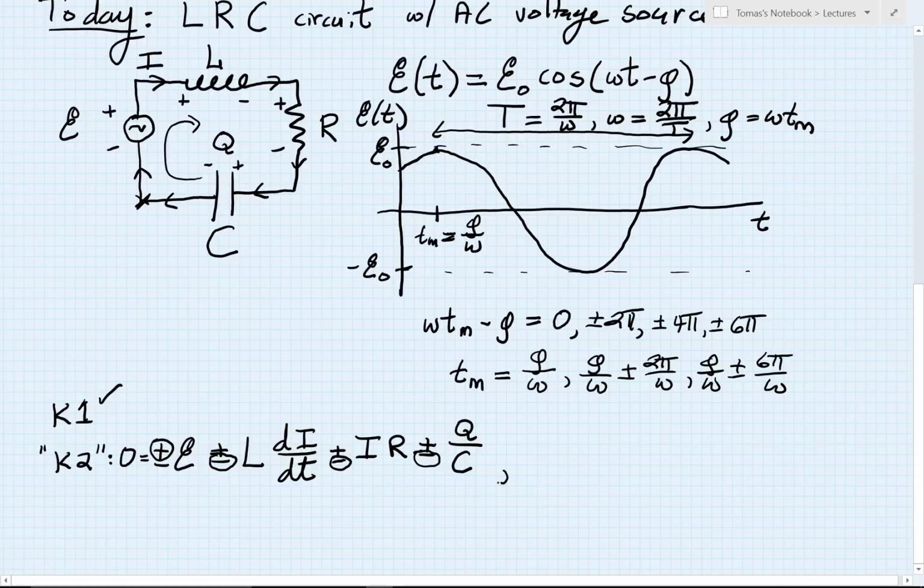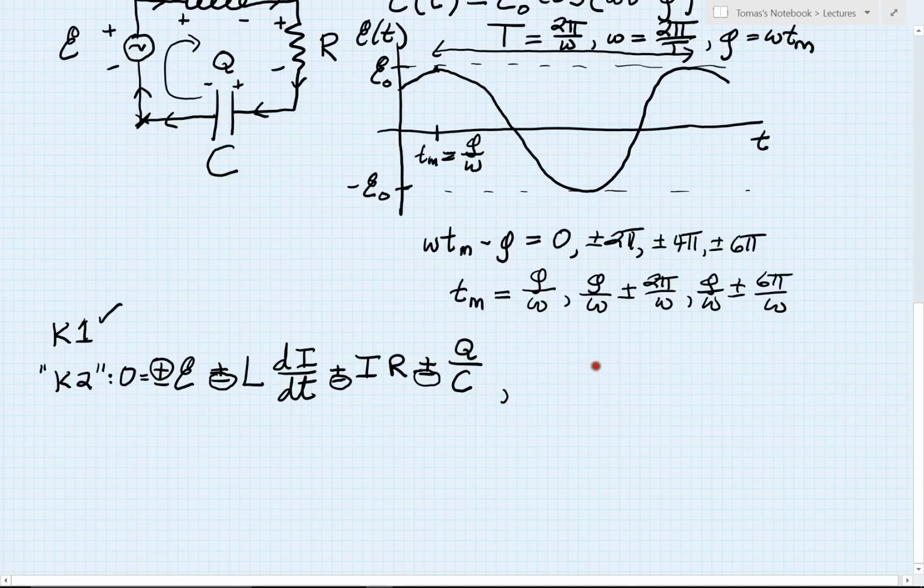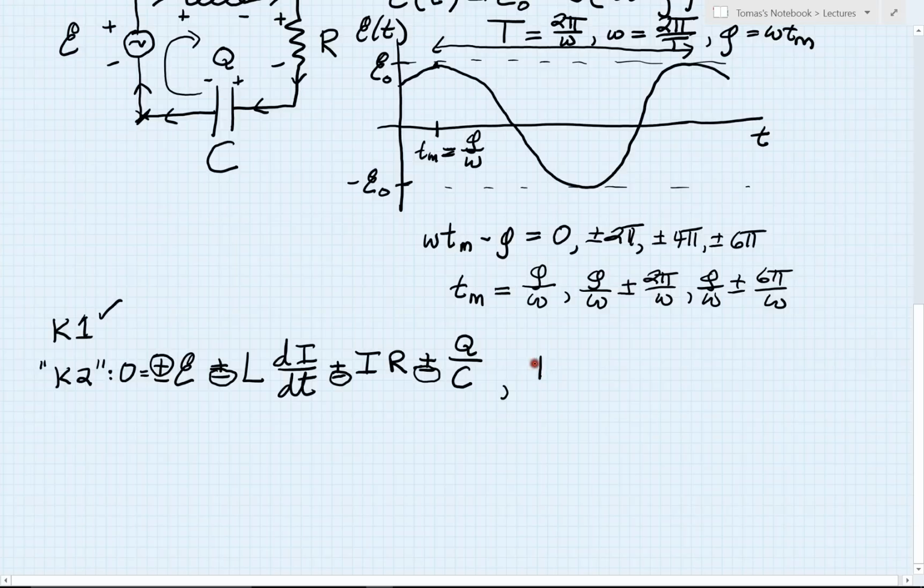So for my capacitor, the governing equation, the second free equation for any capacitor, of course, is that the current flowing through it, which in this case is I, must be plus or minus the time derivative, right? Because current is charge per unit time. And what we have to always be careful about is our choice of sign.